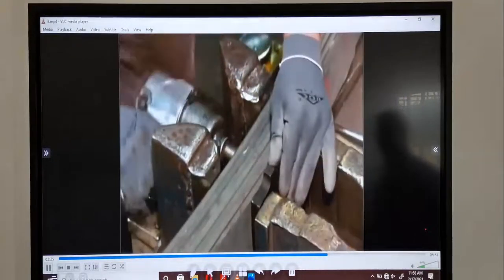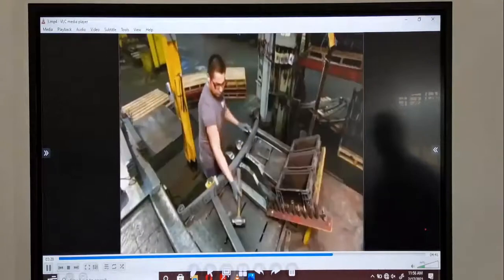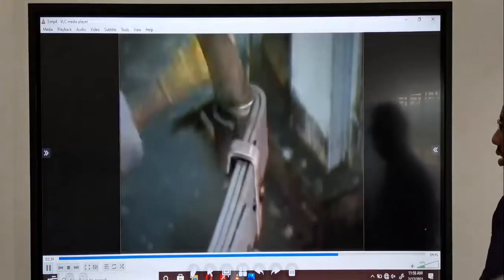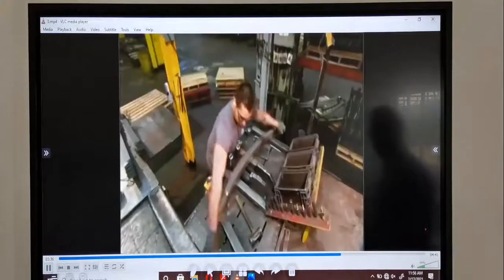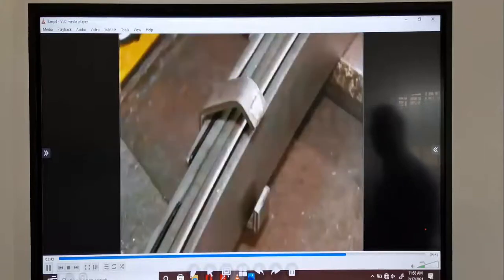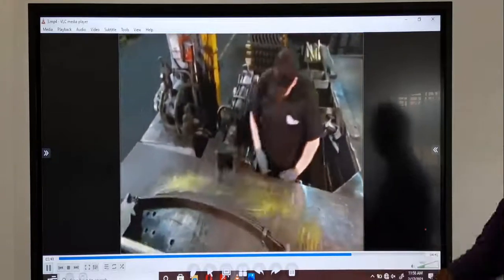He fixed the center bolt with an electric tool. Now he fits the clips. This is a tapered leaf spring.